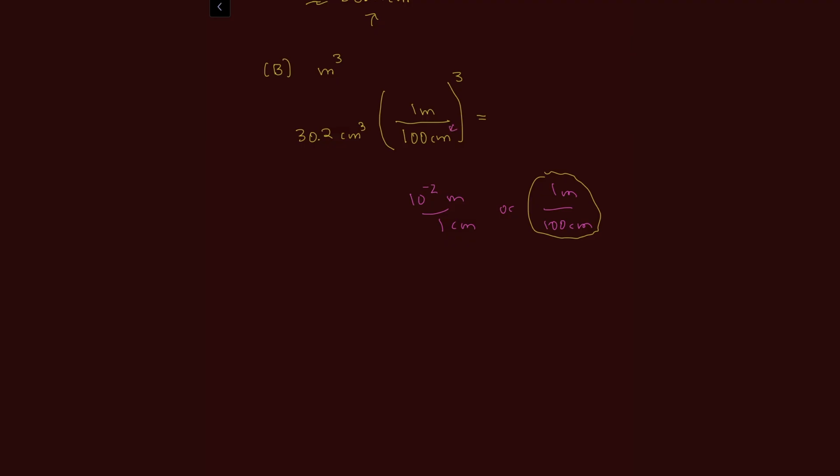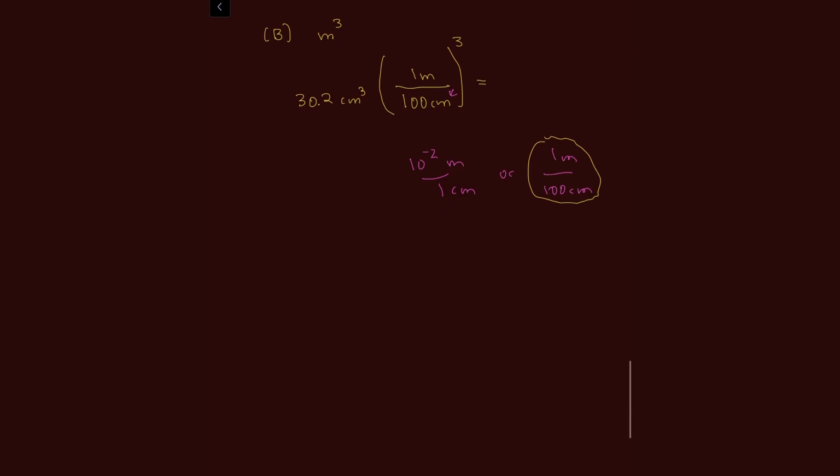Now, you don't actually have to do math for this, and let me tell you why. So you have 30.2 centimeters cubed. At the bottom here, I'm going to do some conversions.